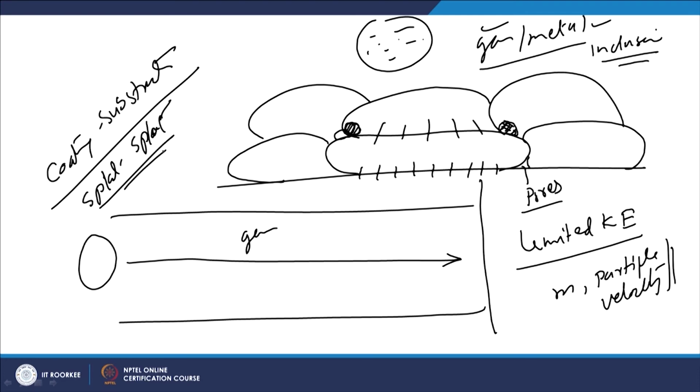So, if the kinetic energy of the powder particles, the semi melted or the melted particles, is very limited, then there can be bonding issues apart from the formation of pores. These bonding issues can occur between the coating and the substrate or splat to splat bonding.